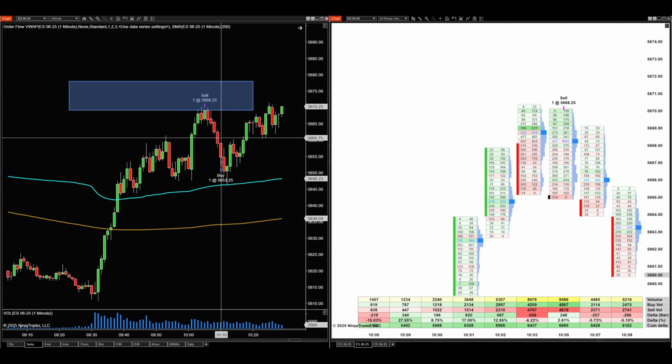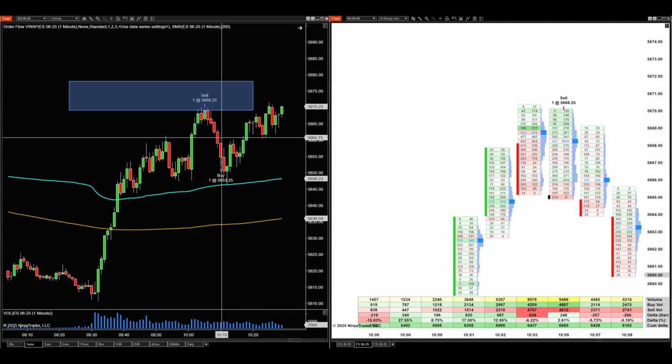Now, I don't necessarily want to be the first seller. Being the first seller is a little bit more risky, and if I'm doing it, I would like my risk to be as small as possible compared to my reward. I don't want to make just 2.5, 3.5 times my risk if I'm being a first seller.